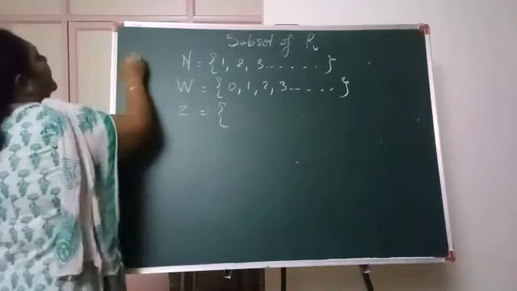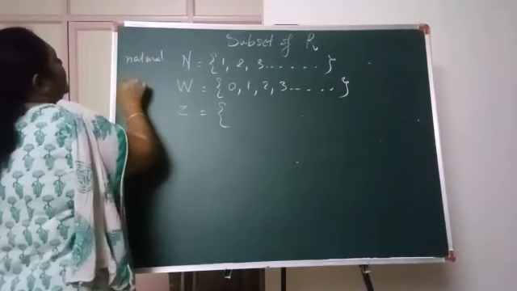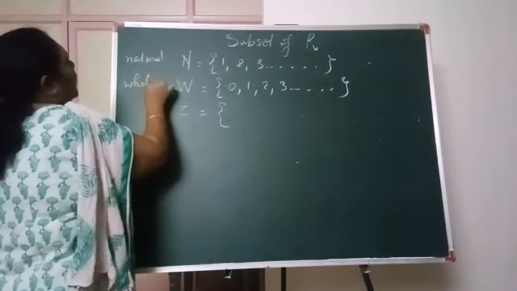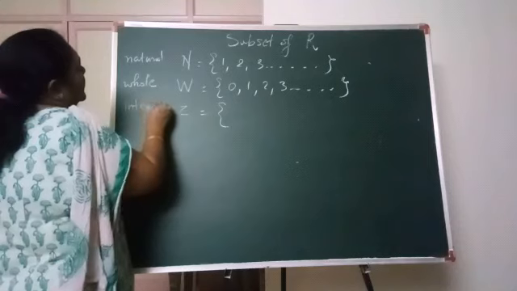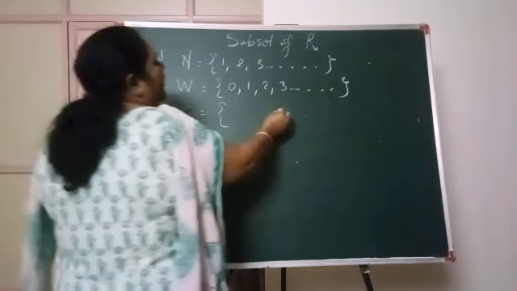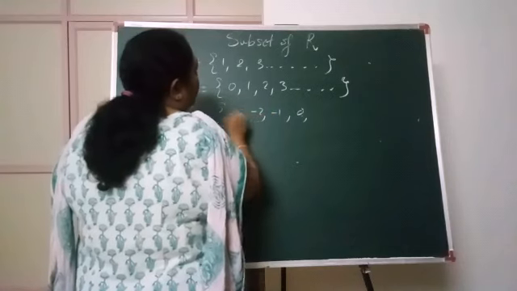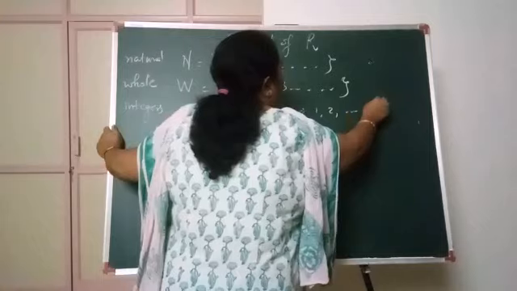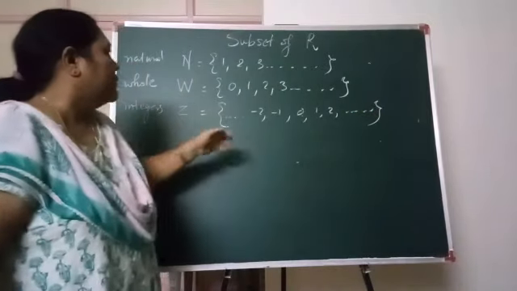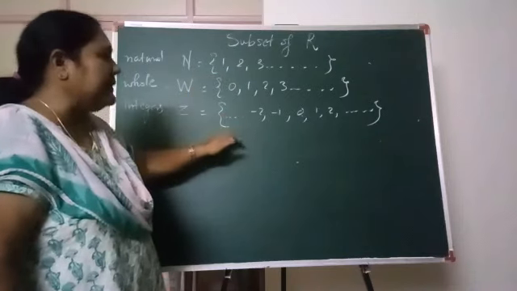Here I'll write that this is the set of natural numbers, set of whole numbers, set of integers. In integers you will have 0, then -1, -2 up to infinity, +1, +2 up to infinity. So natural numbers, whole numbers, integers.